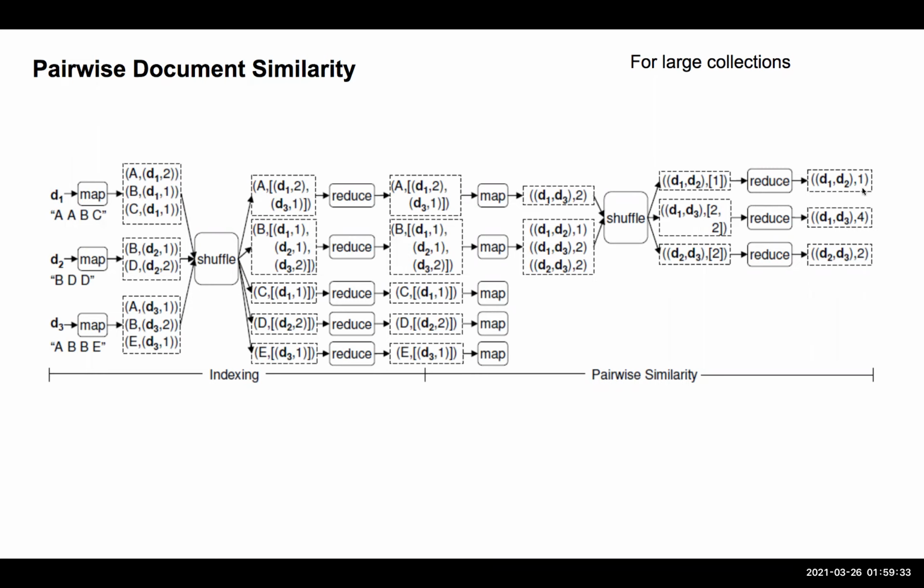From the result, we can see between document 1 and 2 there is only one match, while between 1 and 3 there are 4, which indicates that 1 and 3 are the most similar combination of documents.